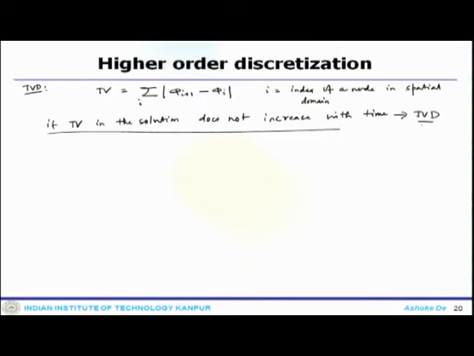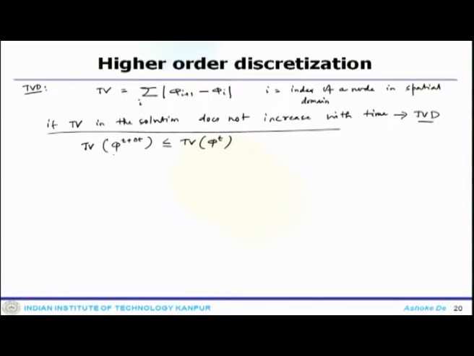So, mathematically if one has to represent that, it means the total variation of phi at t plus delta t should be less than TV of phi at t. So, the total variation at the tth time step should be higher than the next time level.